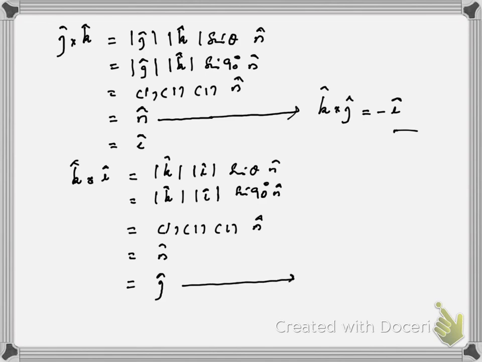Now because A cross B is equal to minus B cross A, so I cross K is equal to minus j cap.